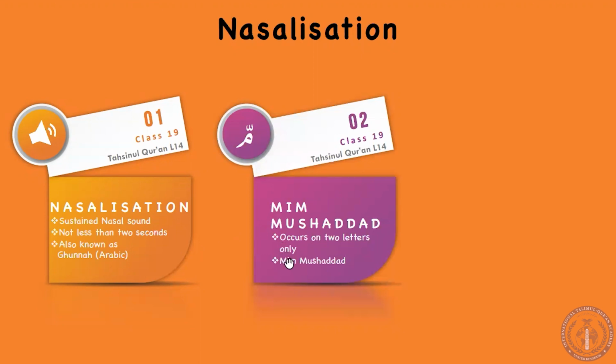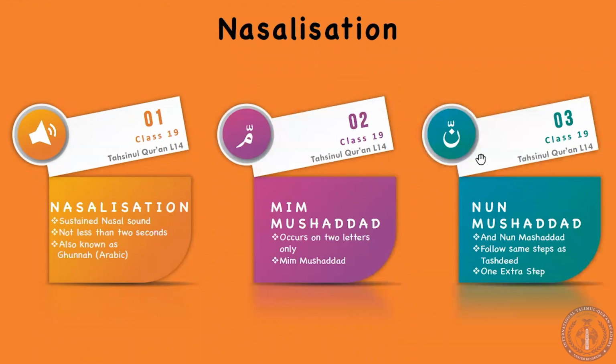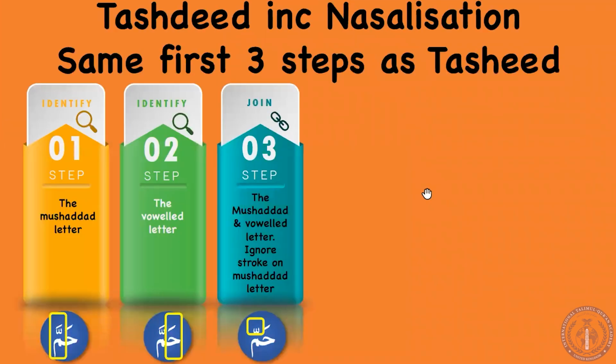And it only happens on a mim mushaddad, okay? So we've got a mim mushaddad here, or a noon mushaddad. Okay, so ghunna, nasalization only takes place for these 2 letters when they are mushaddad letters, so mim mushaddad or noon mushaddad.